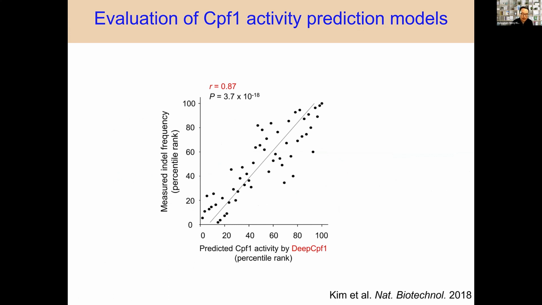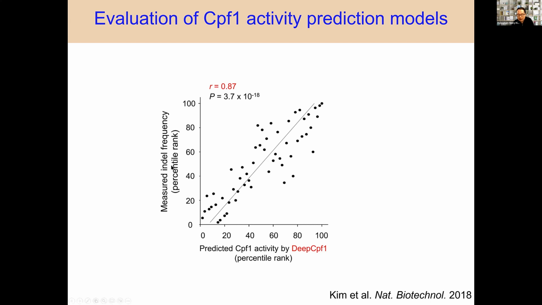This is the result that we obtained. X-axis represents CPF1 activity predicted by our computational model. We call it DeepCpf1. And Y-axis is experimentally measured indel frequency, individually measured. So that is the method that I just mentioned previously.